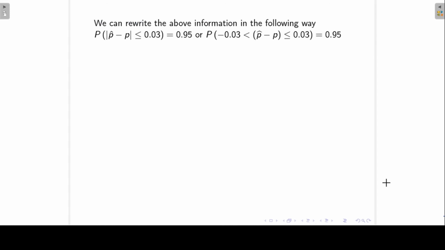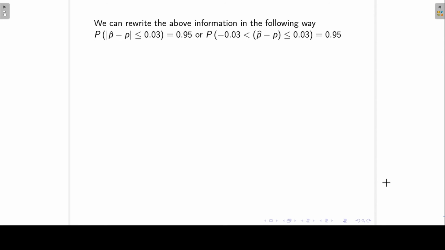We can say that the probability that the absolute error, so the difference between the sample proportion and the population proportion, is less than 0.03 is 0.95. Or we can also write it as the probability that the difference between p hat and P lies between negative 0.03 and positive 0.03 is 0.95.